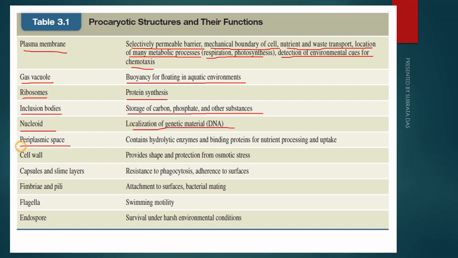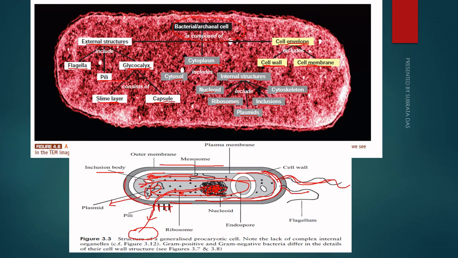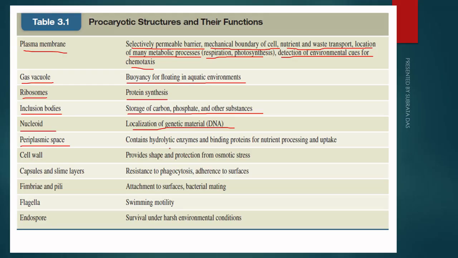And next one is the periplasmic space. What is the periplasmic space? Here you can see this one is the cell wall and this one is the cell membrane. The space in between is known as the periplasmic space. What is the role of the periplasmic space?